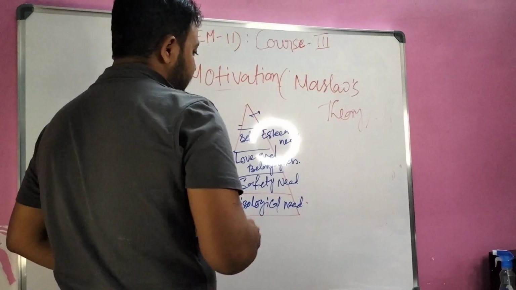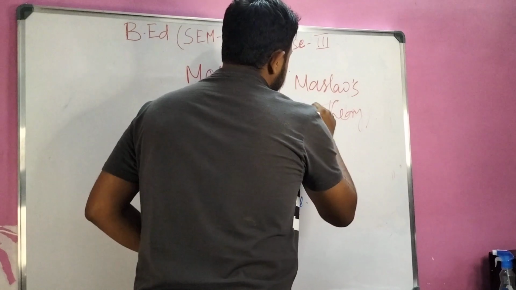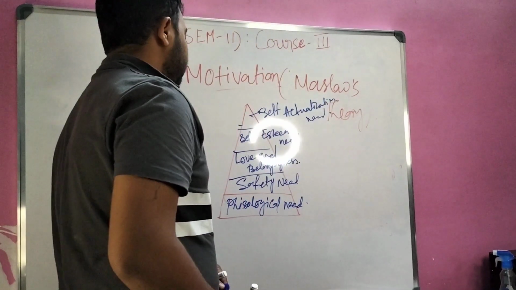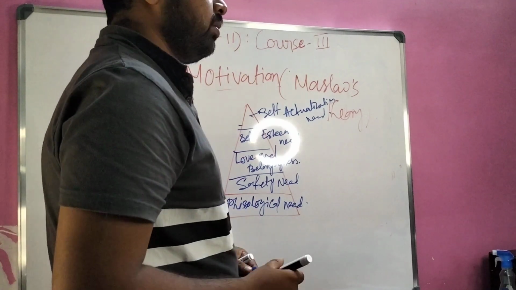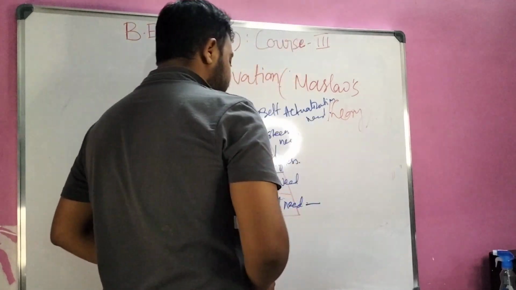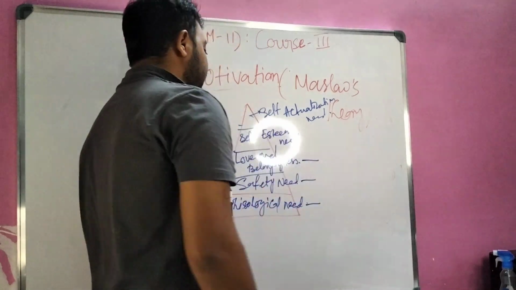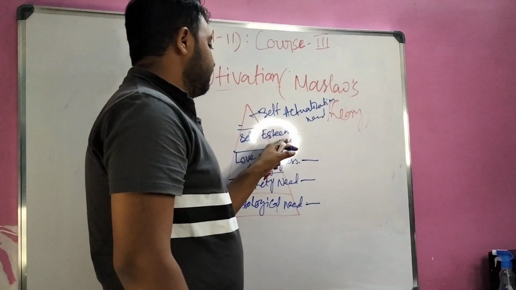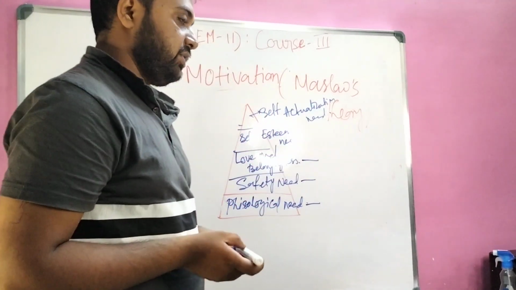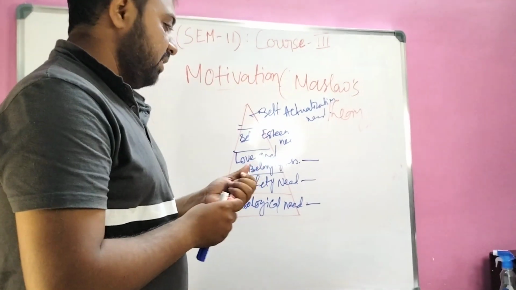And fifth one is self actualization need. So there are five categories of need. The first need is physiological need, second is safety need, third is love and belongingness, fourth is esteem needs, and fifth is self actualization. Okay. This theory will be discussed in our next class.